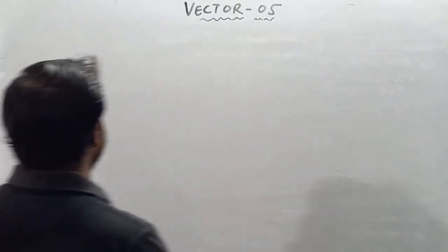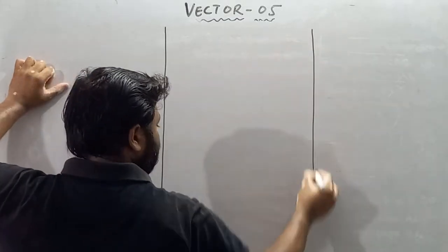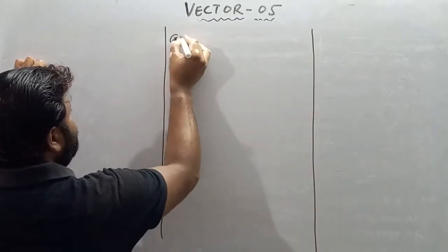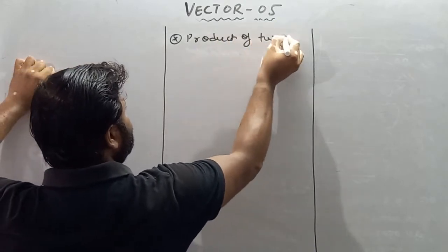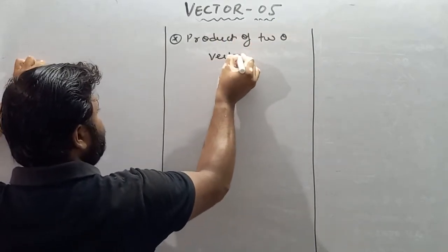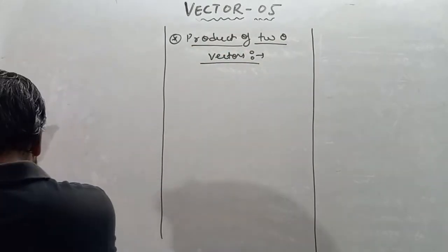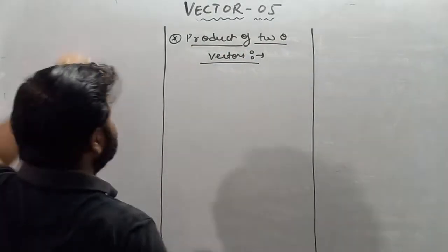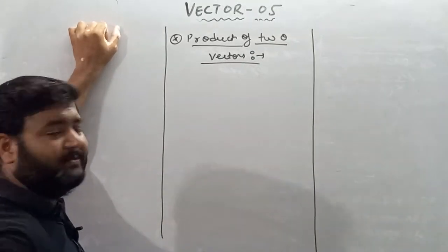So moving forward, write down: product of two vectors. Dear students, we have two different processes for the product of two vectors.